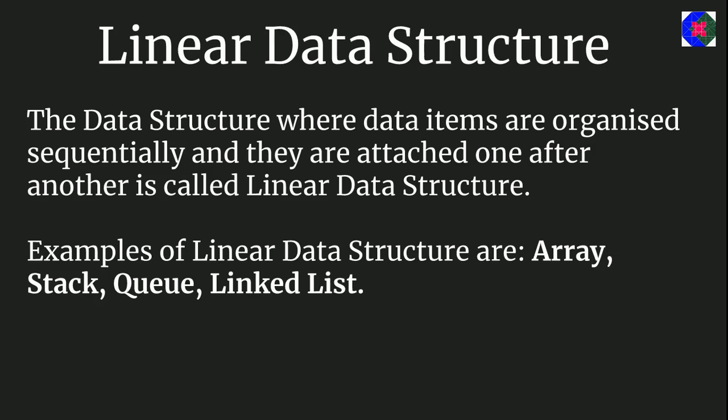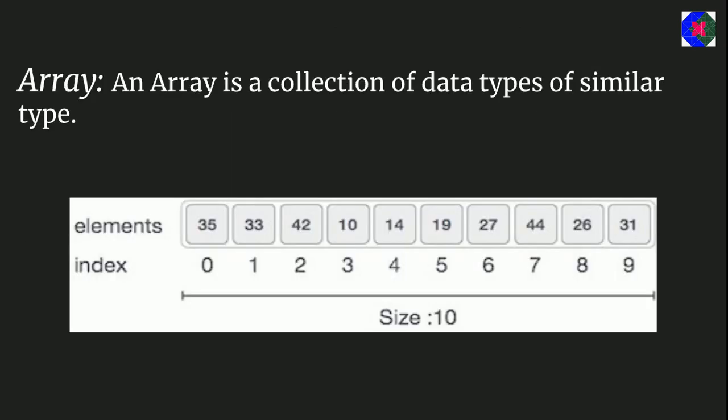Let's again explain all these linear data structures, starting with array. An array is a collection of data types of similar type. In this diagram, we can see an array of 10 elements with indexes starting from 0 to 9. So let's say we have this real life example as we have to store 10 roll numbers of various students in a class.